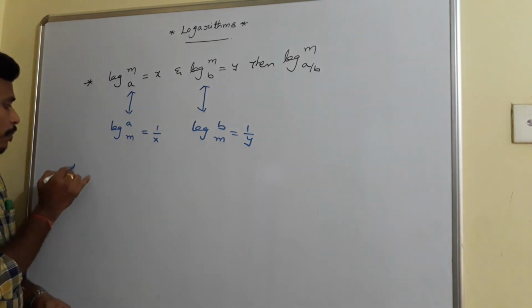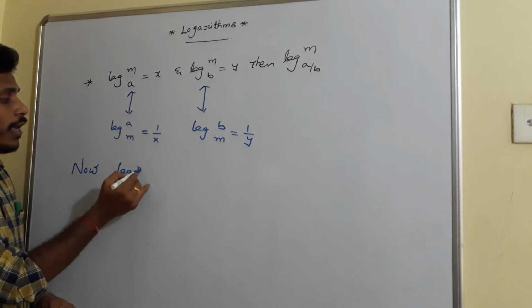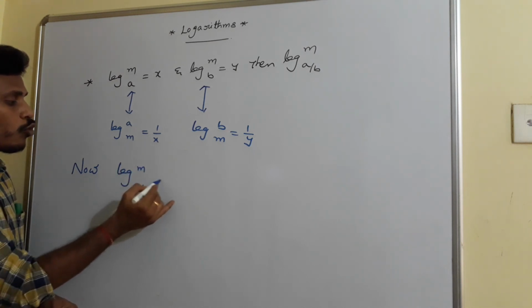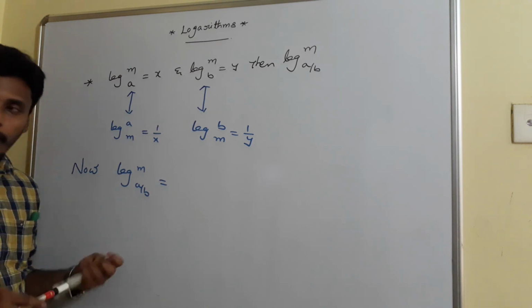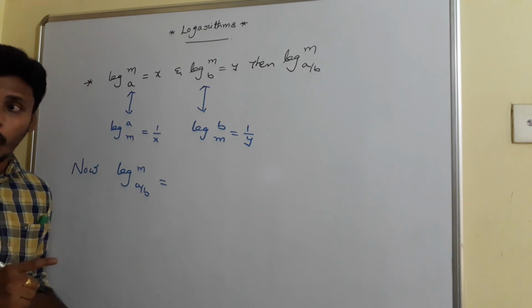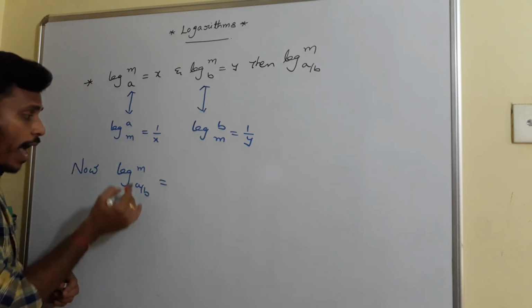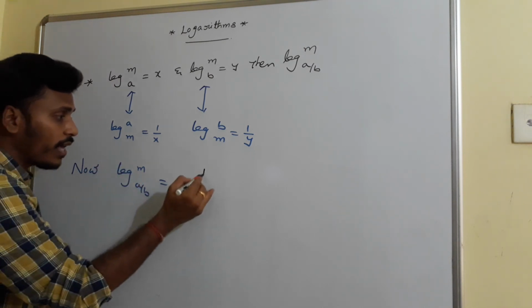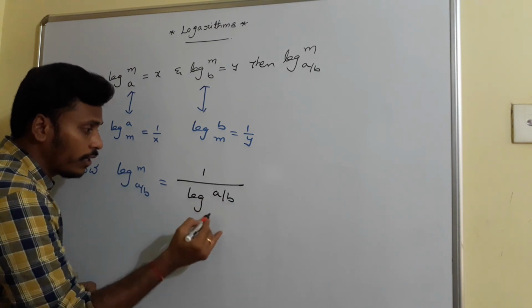Now what do I need to simplify? I need to get the value of logarithm of m base a by b. How to solve? Here it is a by b, right? We have a law that logarithm of a by b is equal to log a minus log b. But this a by b is there at the base. So I am writing this log m base a by b as 1 divided by logarithm of a by b base m.